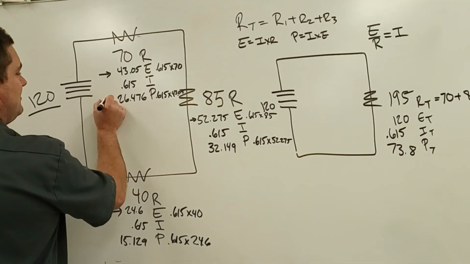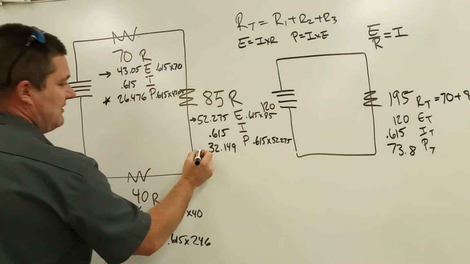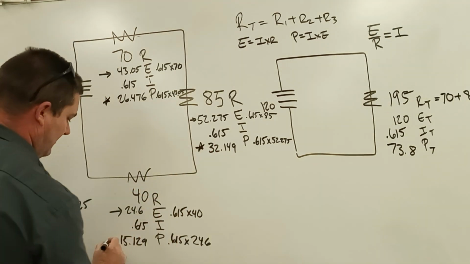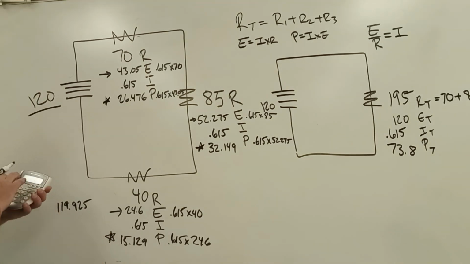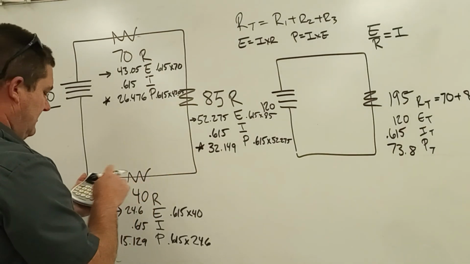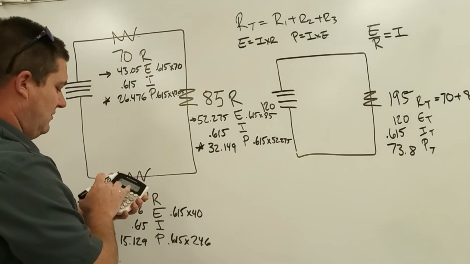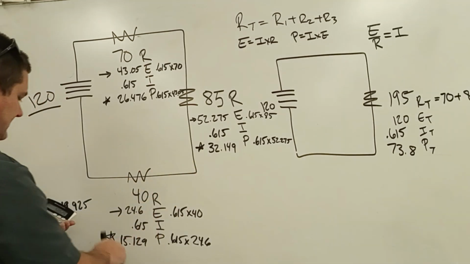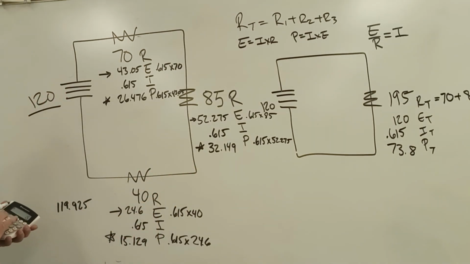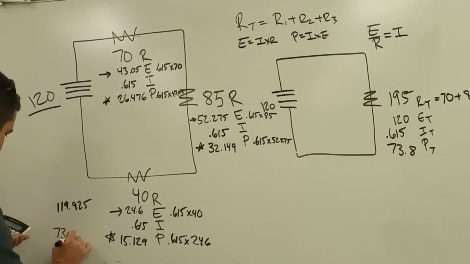And then you do the exact same thing with your wattage. So you add, I'm going to do stars for this one. So we do a star for that wattage, star for the wattage, star for the wattage. 26.476 plus 32.149 plus 15.129 equals 73.754.